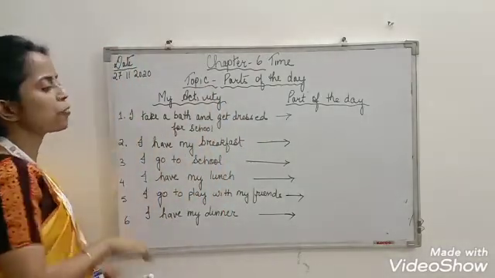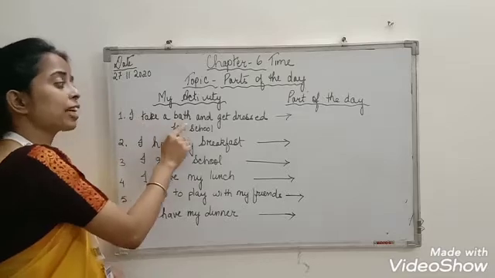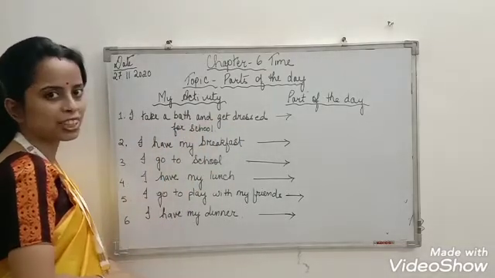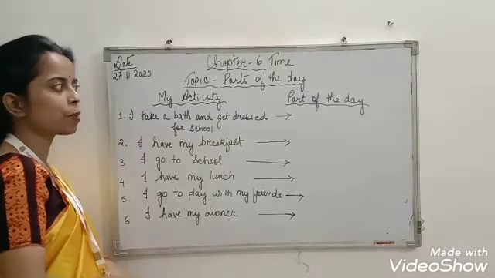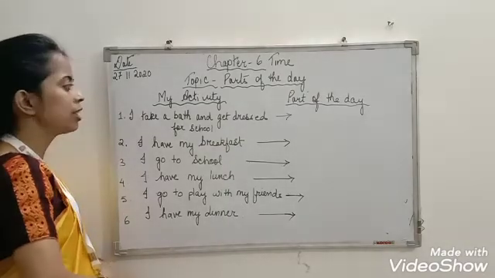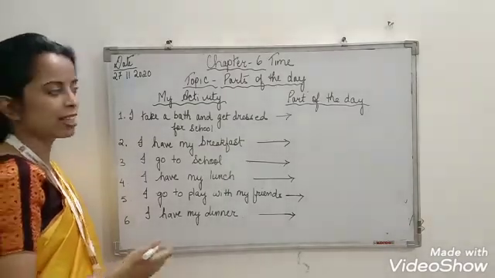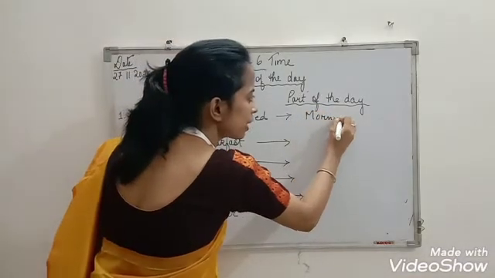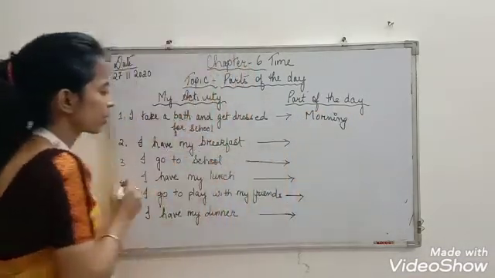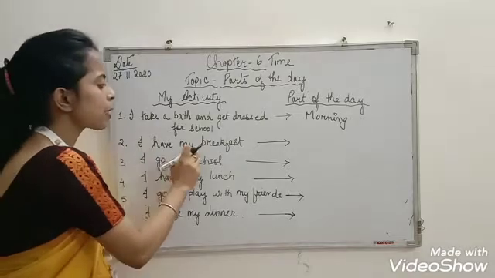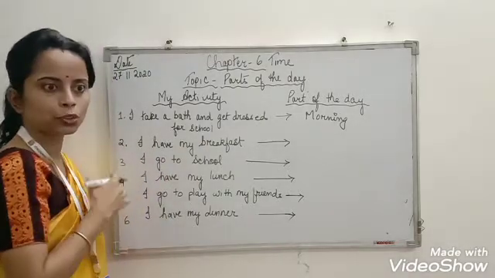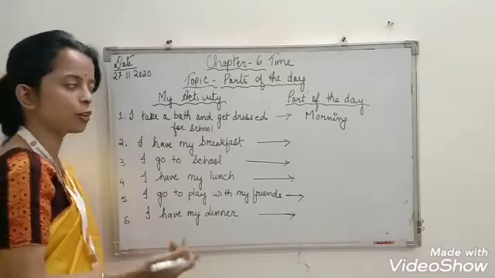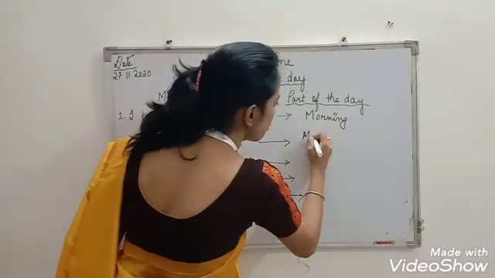Here is number 1: I take a bath and get dressed for school. Which part of the day do you do this activity? It is morning. Next, I have my breakfast. We take our breakfast in the morning, so we write morning.